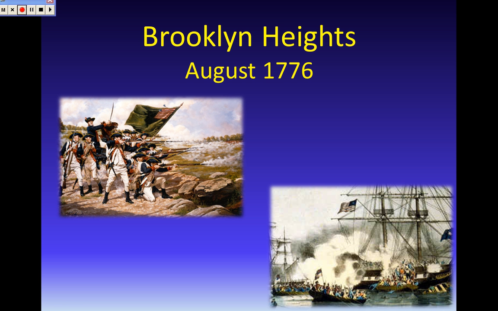Things continue to go downhill for much of the rest of 1776. People are questioning the decision to vote for independence and whether we had done the wrong thing. People are questioning Washington's leadership. By the end of the year, and this is where Washington's smart decisions will start to pay off, he's really in a bind.